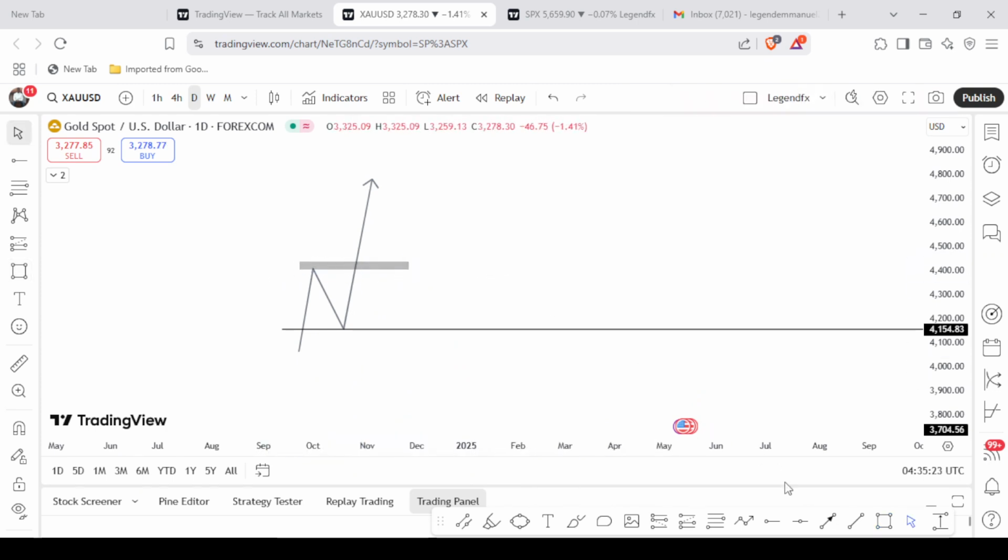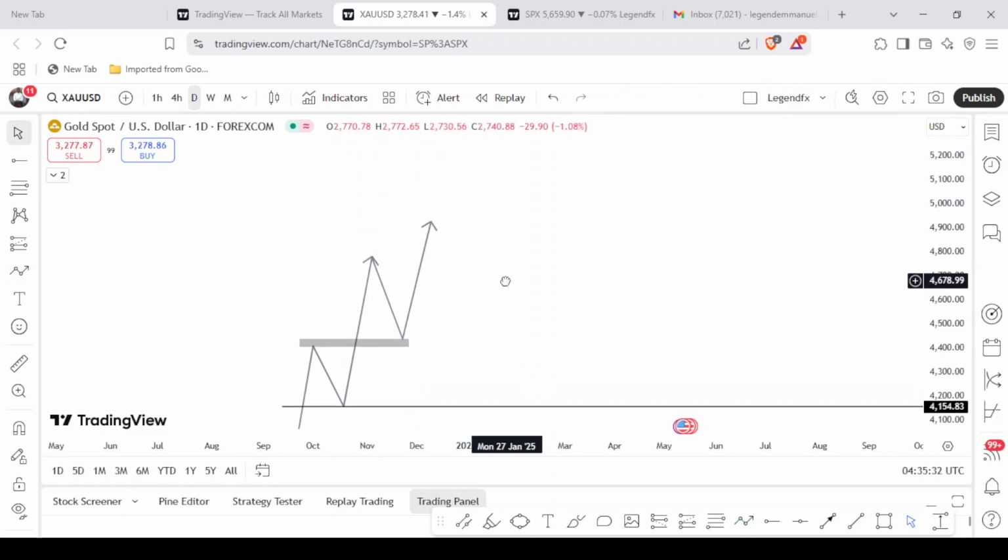Ideally, the normal textbook way is that the market will come back here and bounce off. Are you getting me? This is the normal textbook way, which everybody knows: you wait for the market to come back to this particular resistance that will now turn support.